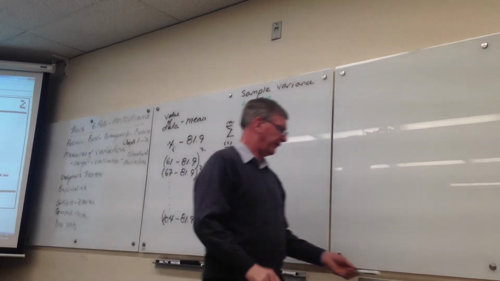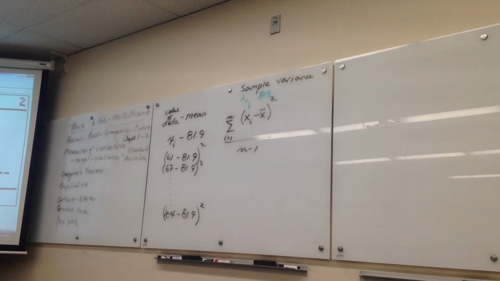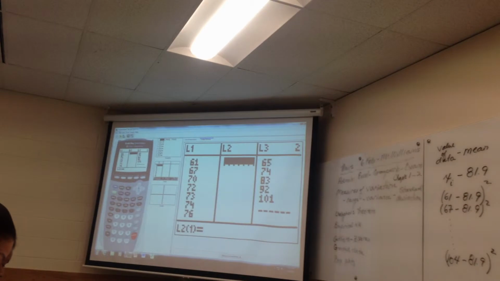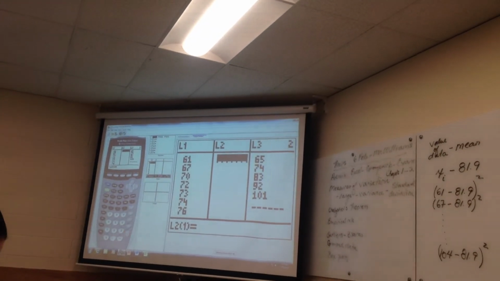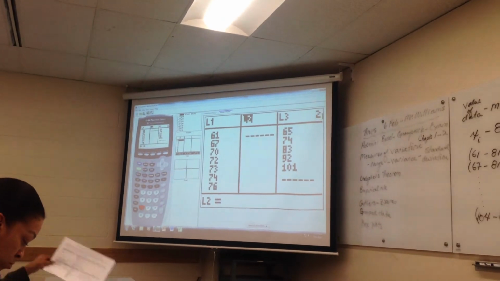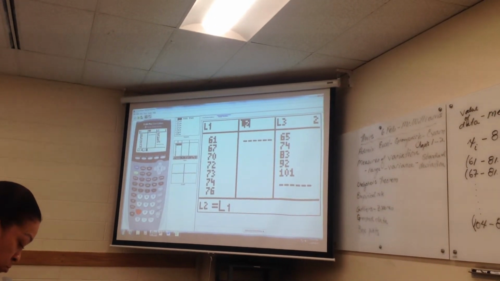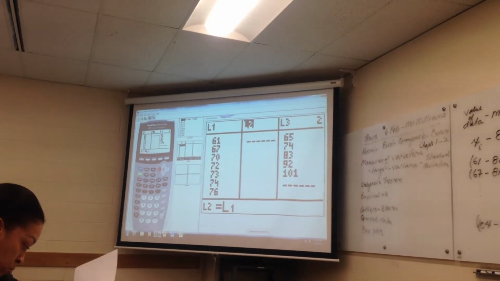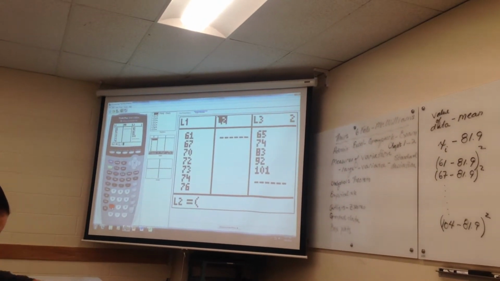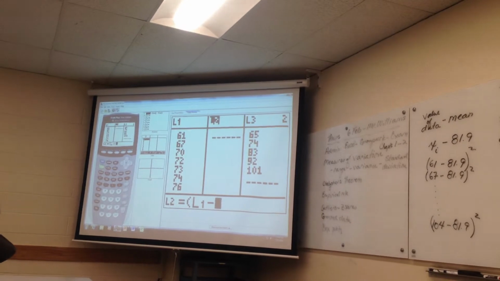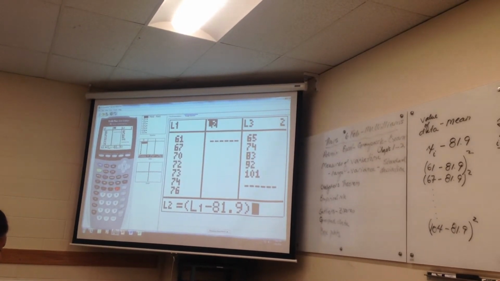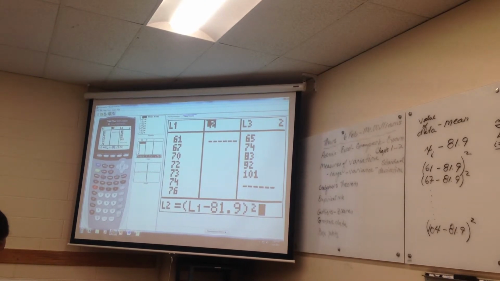So I'm just going to put a formula in. I'm going to go up above the bar and put a formula in for list 2. List 2 is going to equal, I want to put parentheses, list 1 minus 81.9, and I want to square that and populate it.